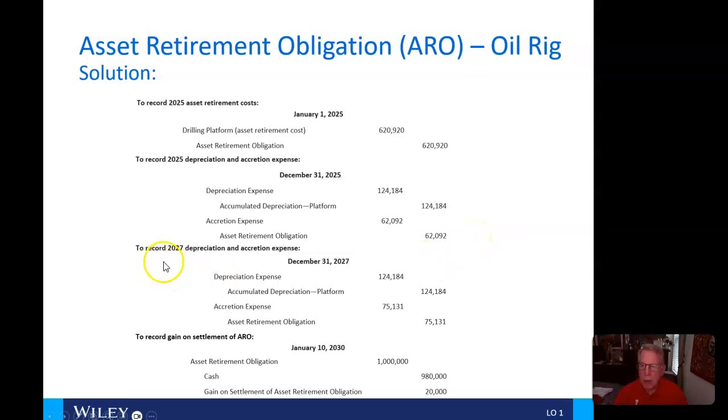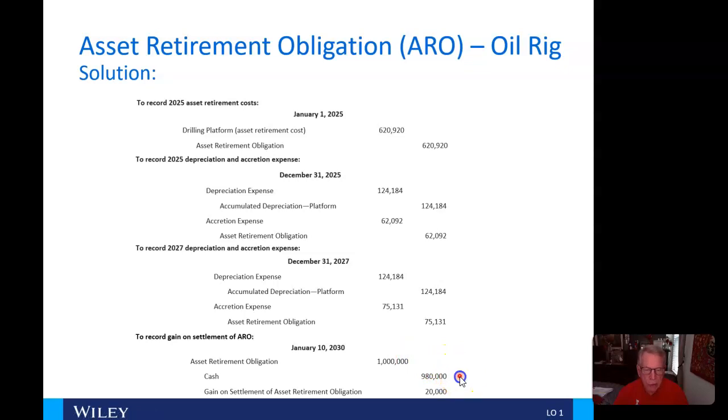Then in 2027, we had another depreciation expense and the accretion expense for the schedule we just did. And then finally, we make the ARO zero out by debiting asset retirement obligation for $1 million.